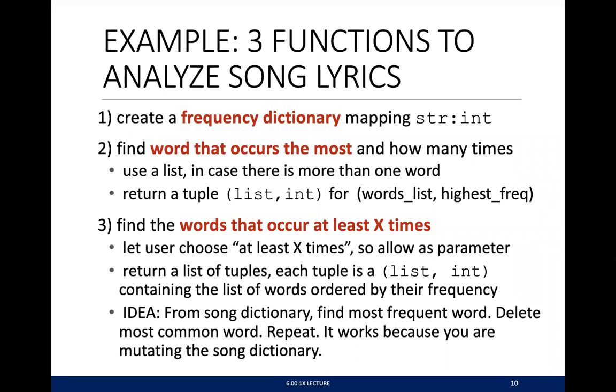I'm going to return this as a tuple, which has a list of all the words and their frequency that is greater than or equal to X. I want it ordered by frequency, so the most frequent word or words first, followed by the next ones, provided that they are all greater than or equal to X. Okay, so let's see how I did this.